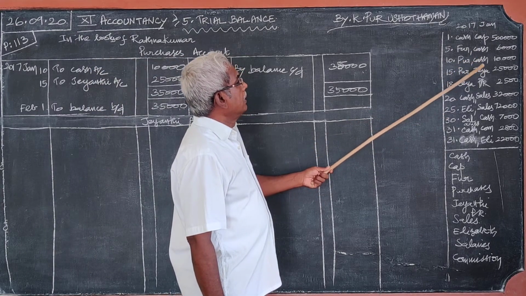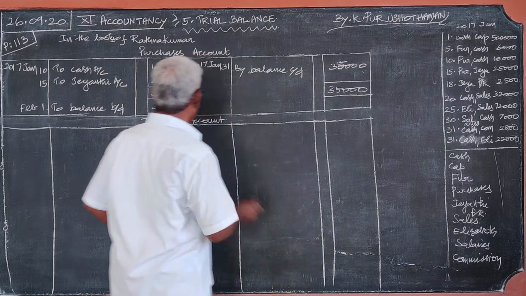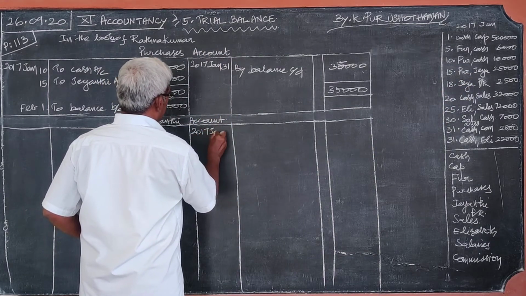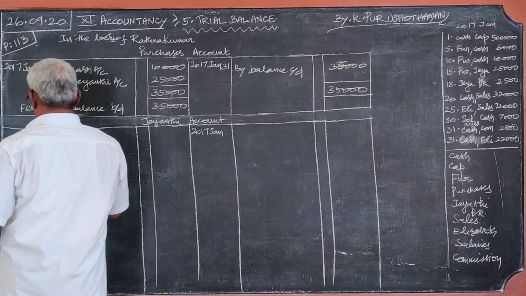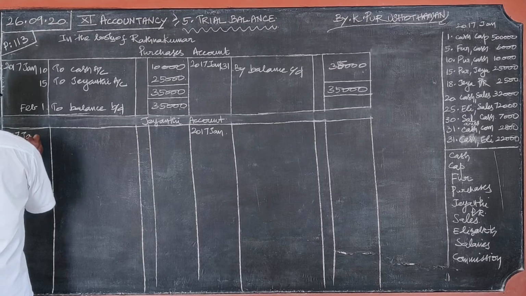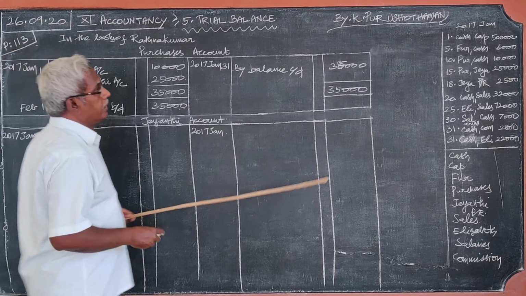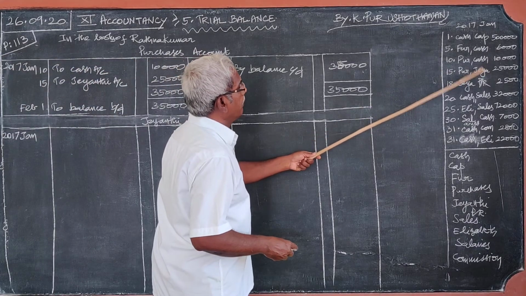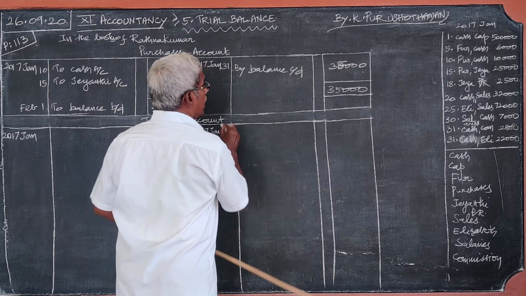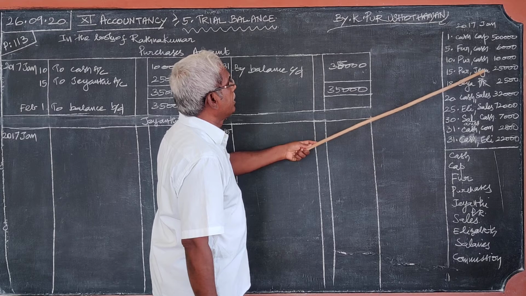On 15th, on the credit. 2017 January. The first entry, Jayanti account on 15th, appears on the credit.